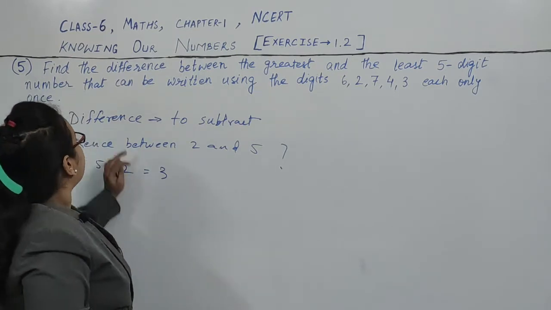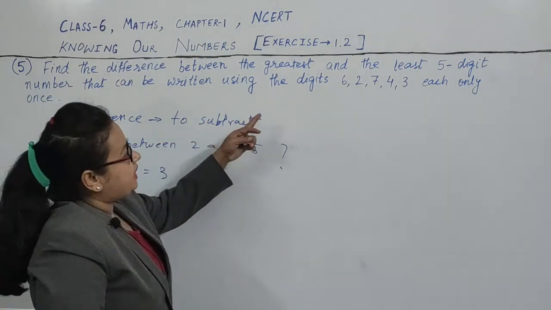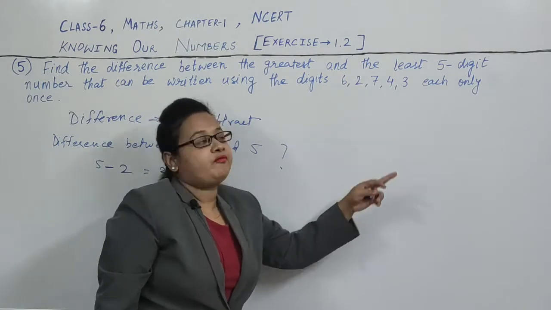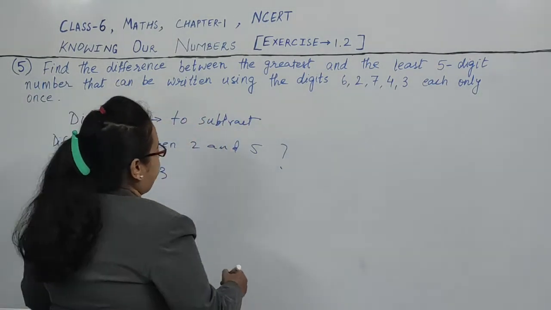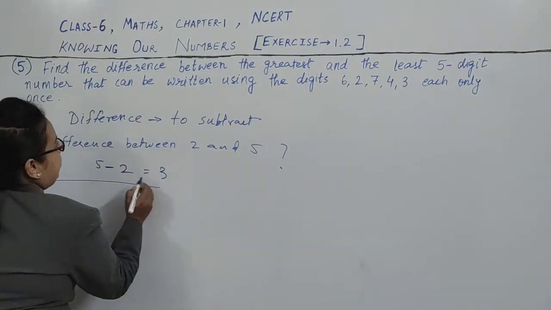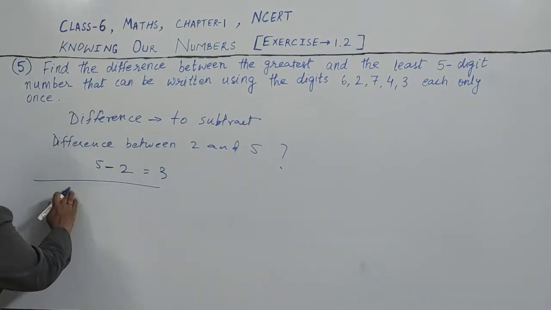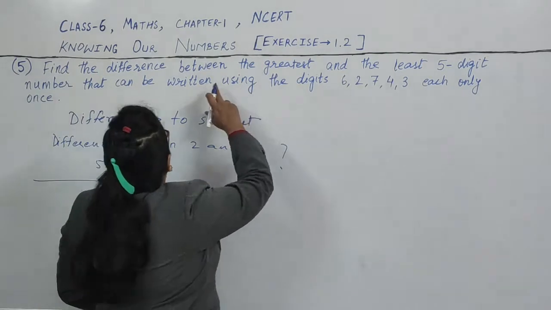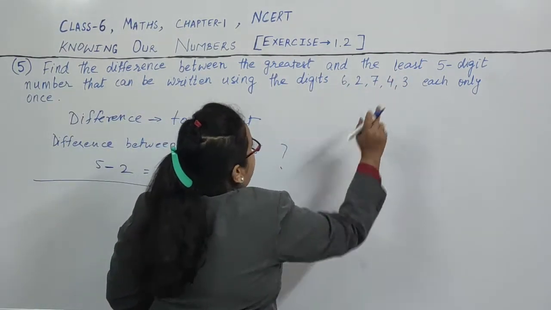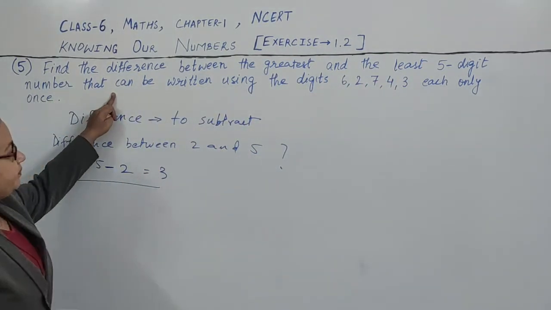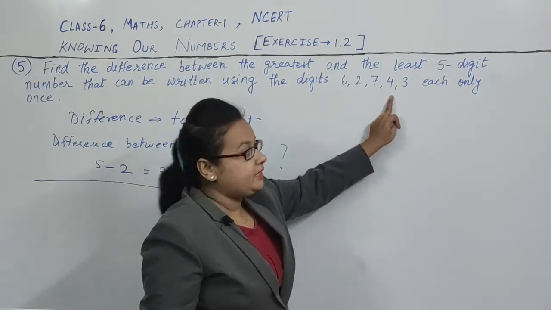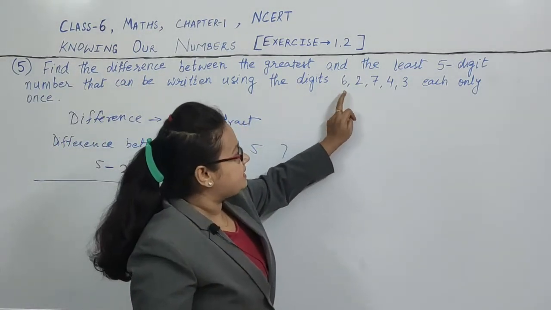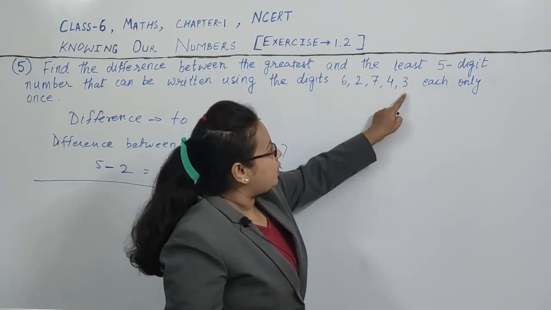This means that we have to find the difference between the greatest and the least 5-digit number. The question says: find the difference between the greatest and the least 5-digit number that can be written using the digits 6, 2, 7, 4, 3.